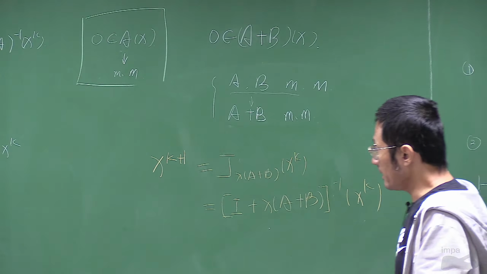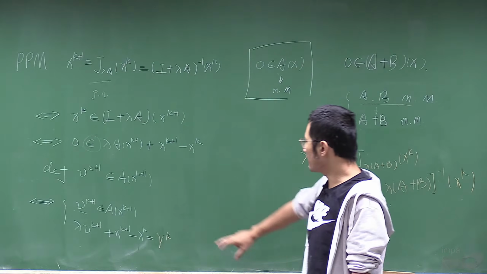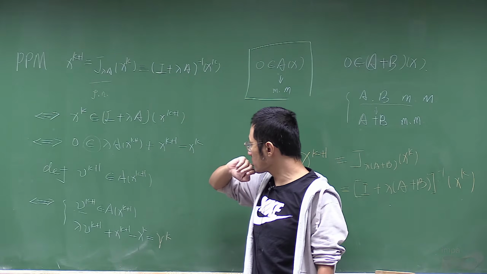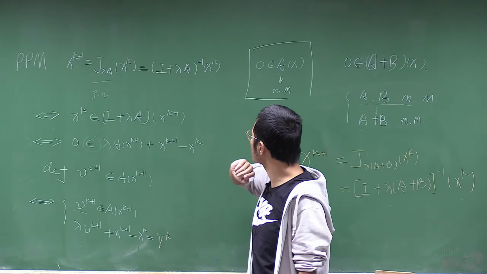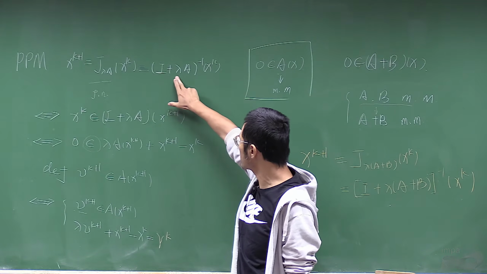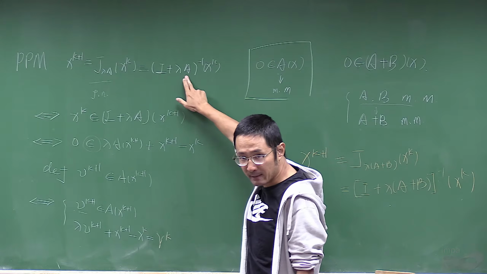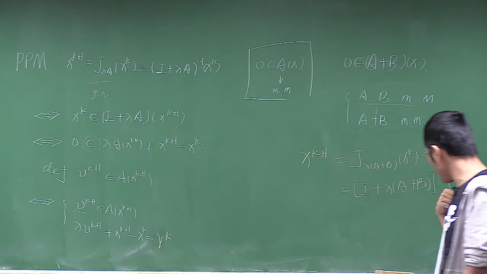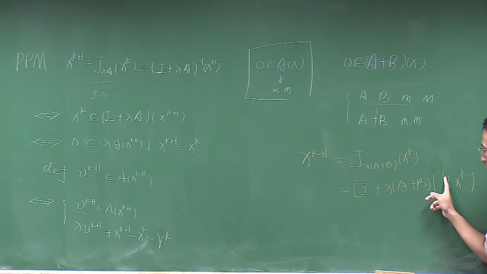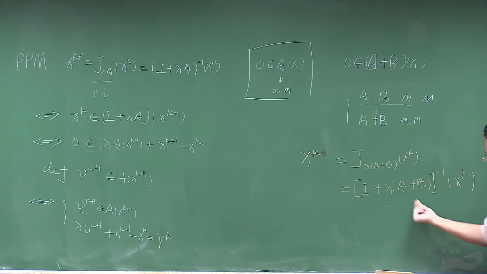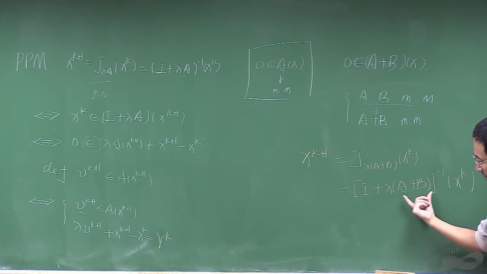The difference is that in the proximal point method, we only need to solve the resolvent with respect to A. But here we need to calculate the resolvent related to A and B at the same time.